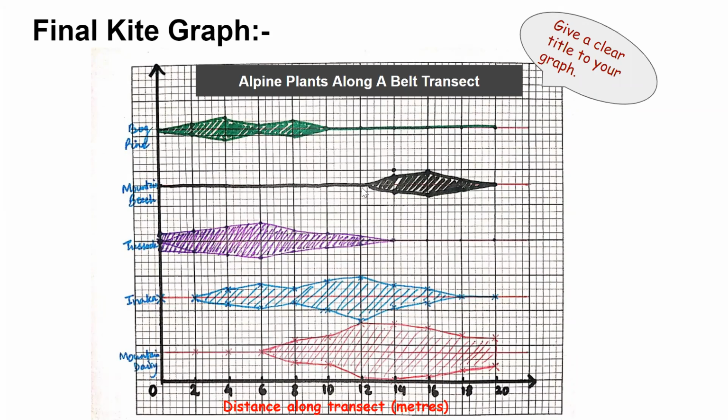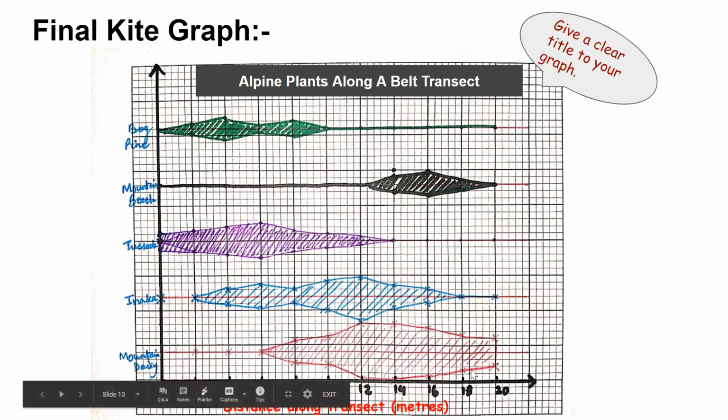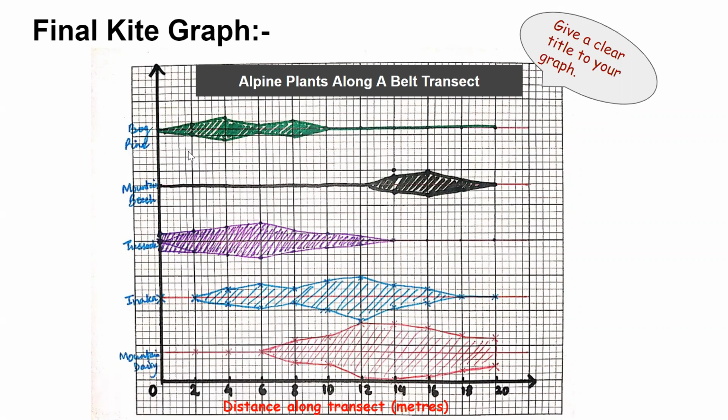You can clearly see how the place where tussock spreads is tapering or widening and then gradually narrowing. That is the point from where mountain beech population is actually increasing in your 20-meter transect. Do you notice that? Or you can hypothetically assume that maybe there is some sort of a relation between bog pine species distribution and tussock.